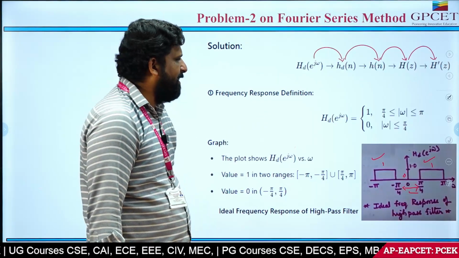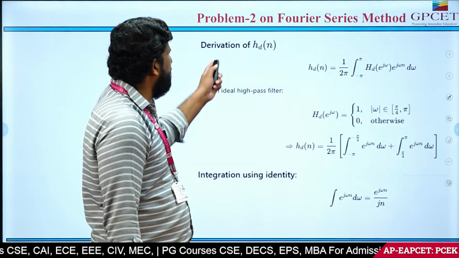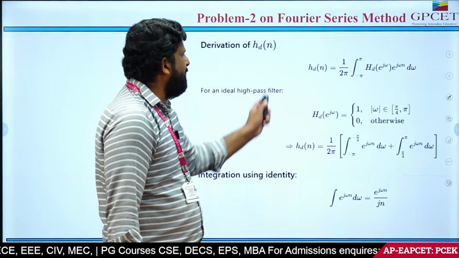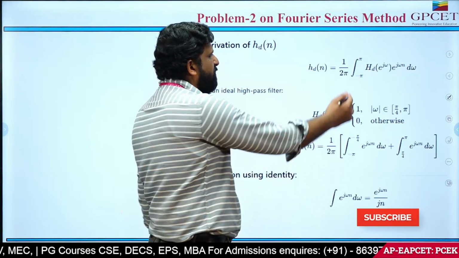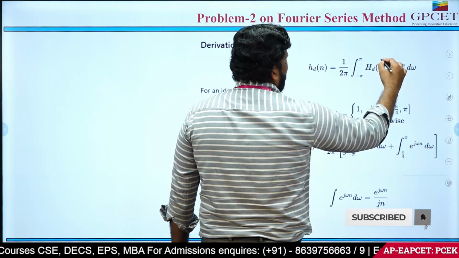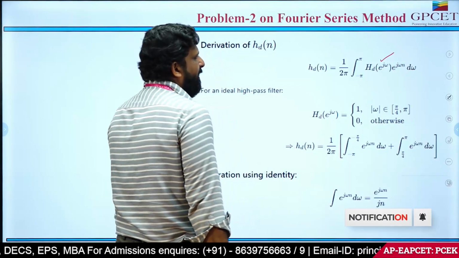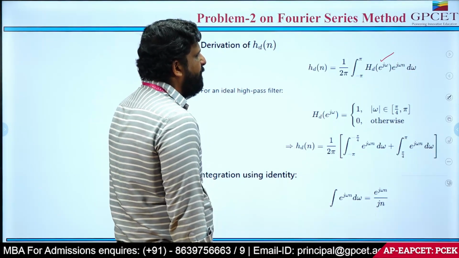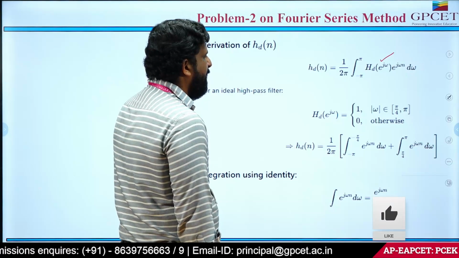So after knowing these values, let me convert this particular hd of e power j omega to get hd of n. We know the equation of hd of n, already seen: 1 by 2 pi integral minus pi to pi hd of e power j omega into e power j omega n d omega.